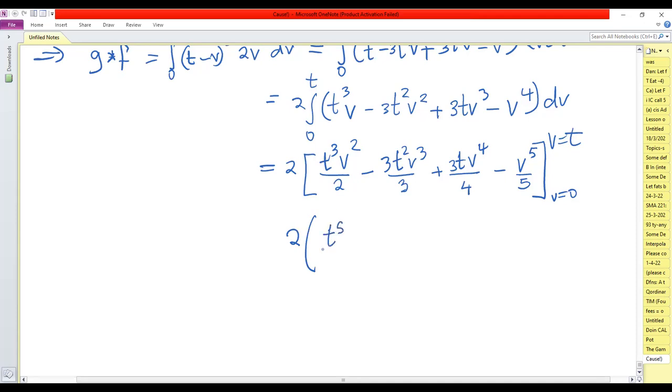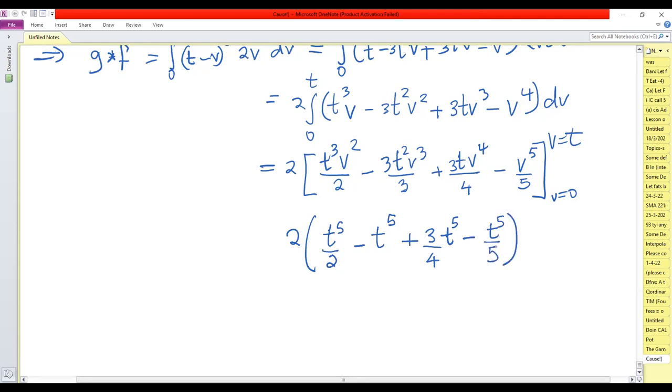So we'll have t power 5 over 2, and then 3 and 3 cancel out, so we'll have just t power 5, plus 3 over 4 t power 5, because we have t power 4 times t, minus t power 5 over 5.